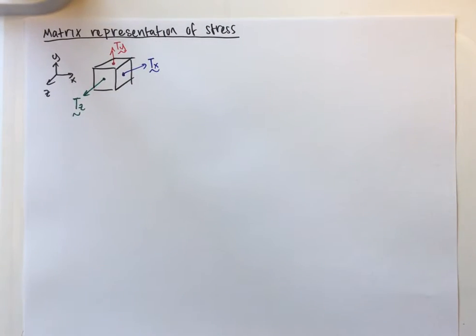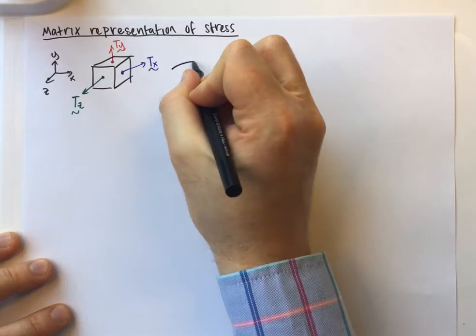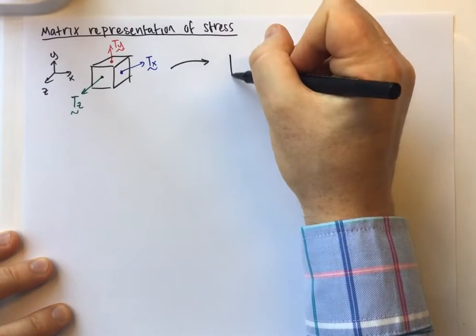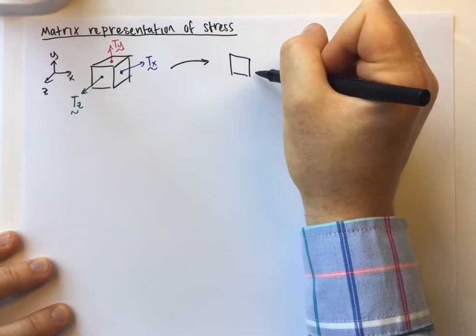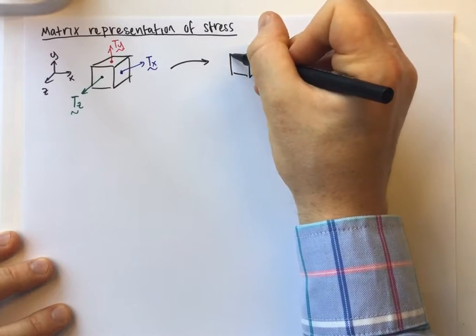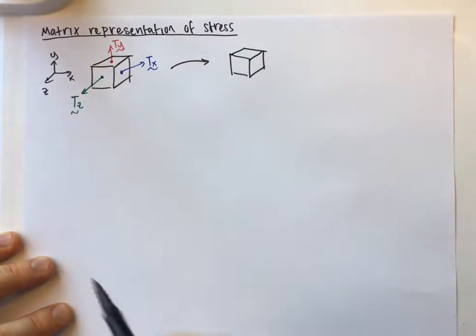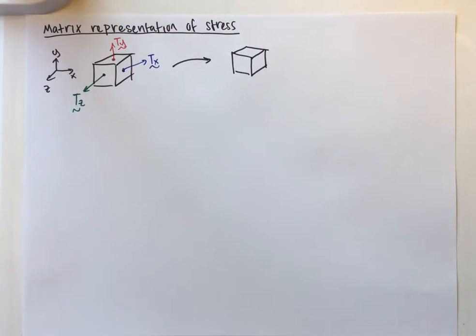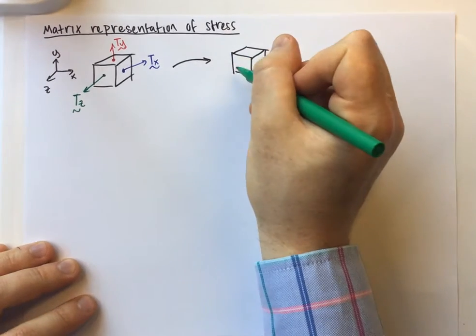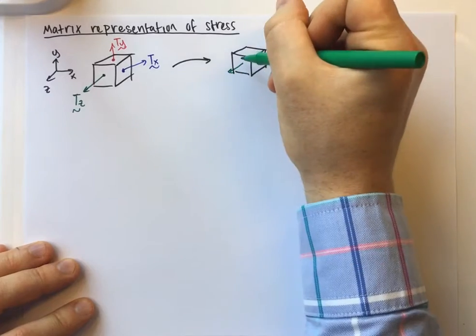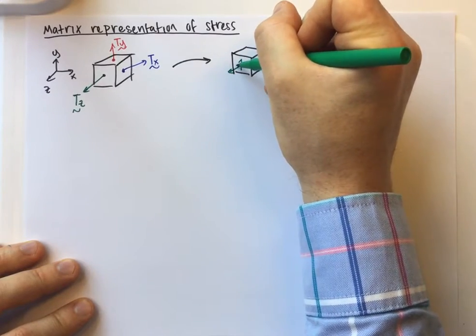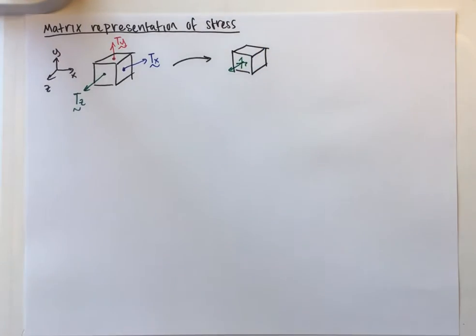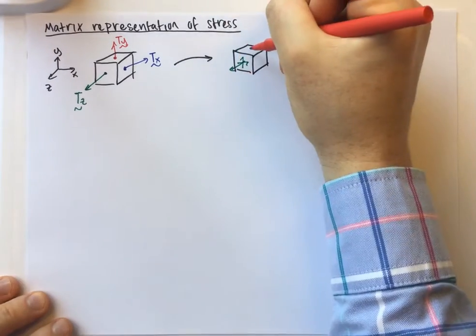Okay, and so then we said, okay, we can take that and we can turn that into our components that are based on our cutting planes, which in our case were aligned with our coordinate system. And that gave us some components. And we said we had normal components, and we had some shear components. Do that on the top there as well.